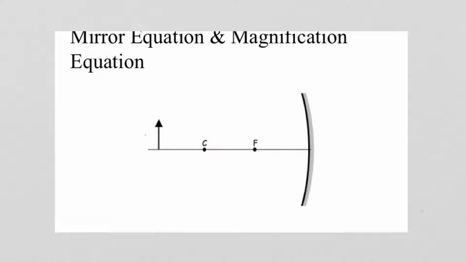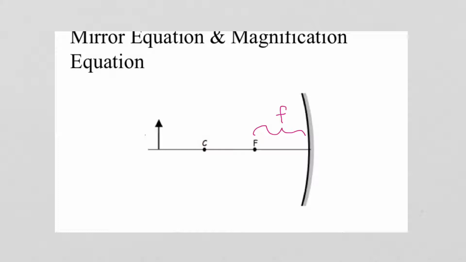So first, I want to talk briefly about some values here that we're going to use in our equations. And the first is to remind us of a value that we already have, which is the focal length, or f, right? The distance that the focal point is from the edge of the mirror along the principal axis.